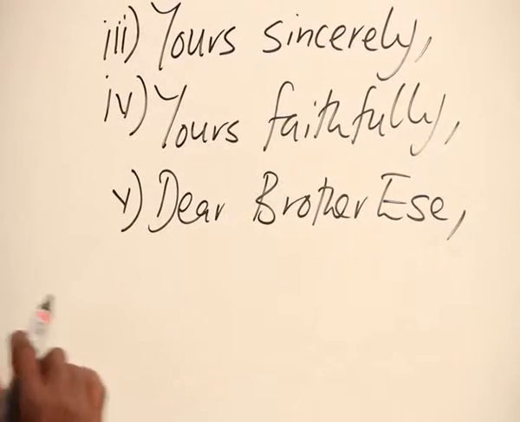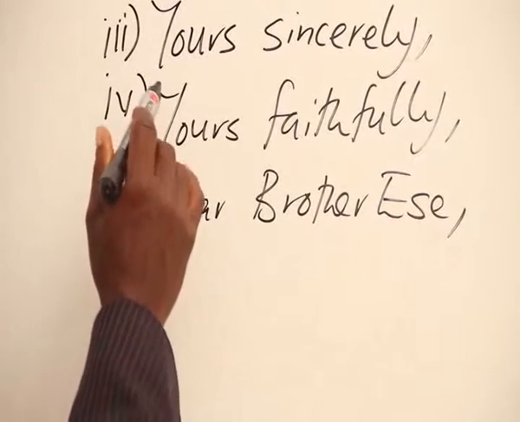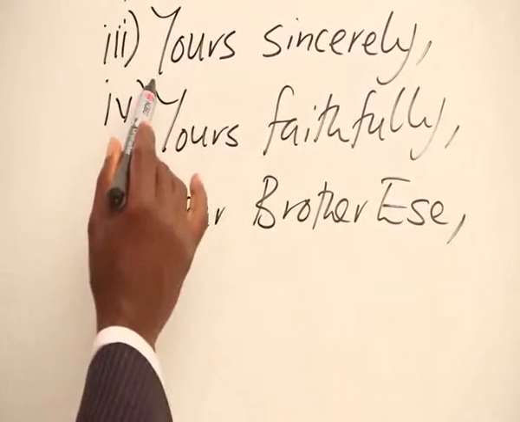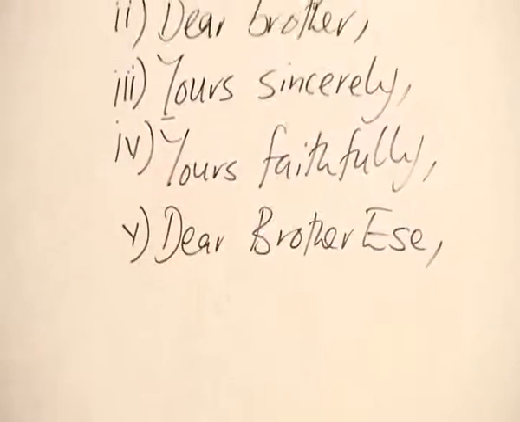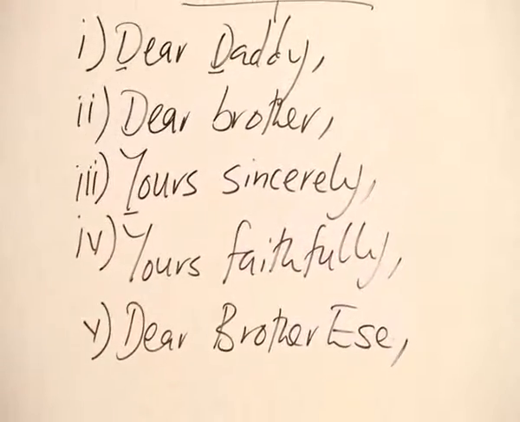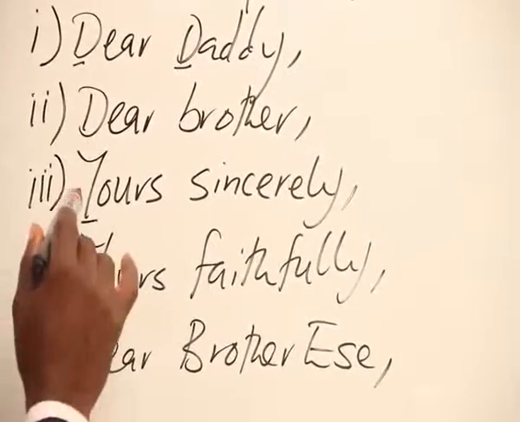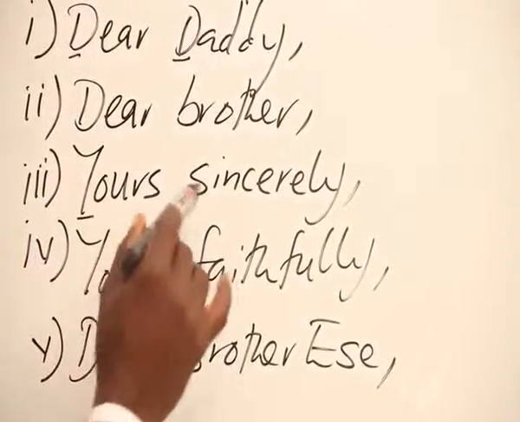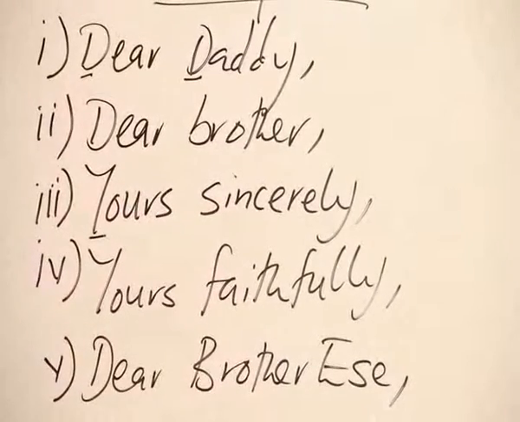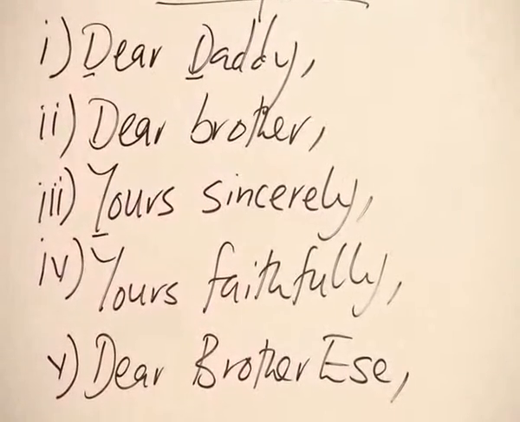Another thing we need to note here is that under the closing or the complementary close of the letter, we have capital letter Y here, but here what you have is small letter s. So the first letter is capital letter, but the next is small s. If it's alternated, the reverse would be the case.